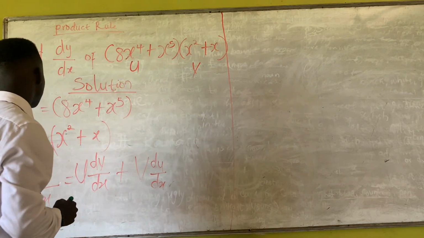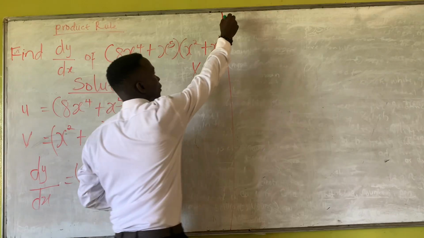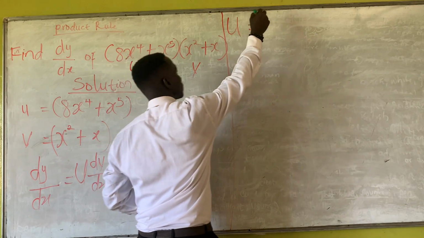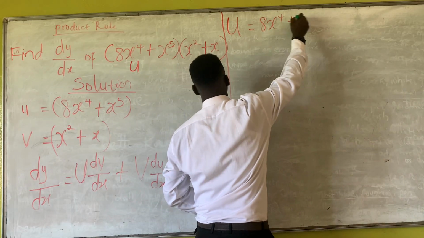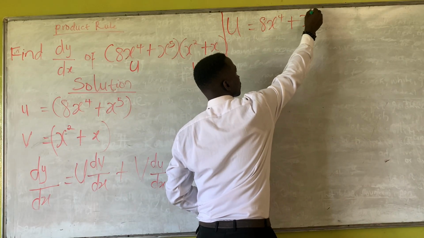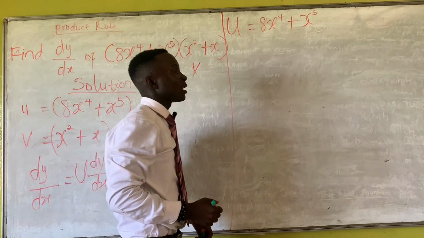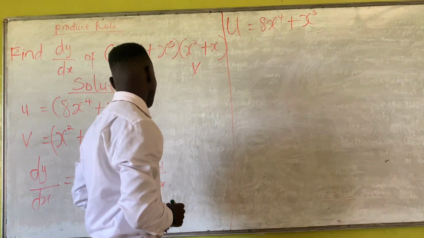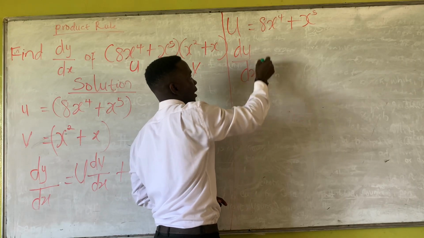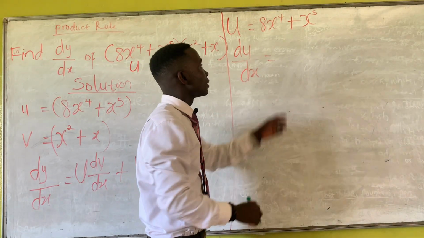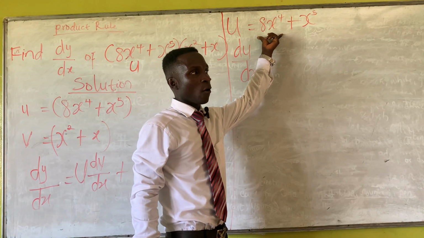If we do that, u is equal to 8x^4 + x^5. Let's get our du/dx. We simply say that du/dx will now be equal to, differentiate 8x^4.